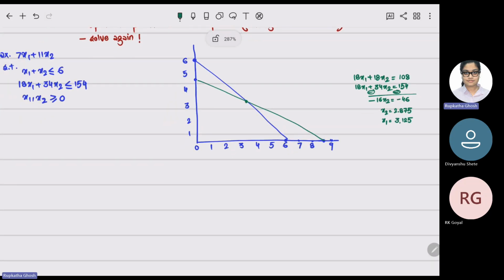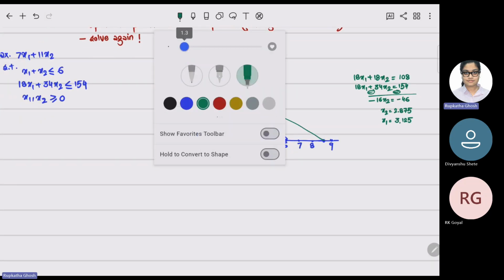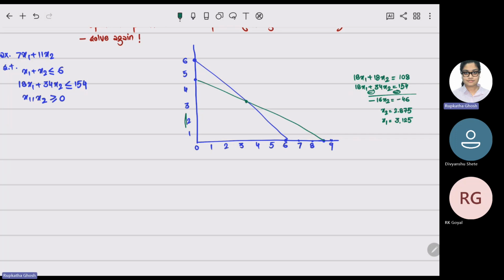Okay, so if I have to do the demarcations correctly, somewhere here should be your 2.875, and here is your 3. This is still okay, right?